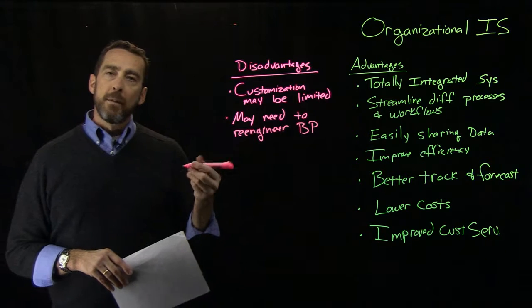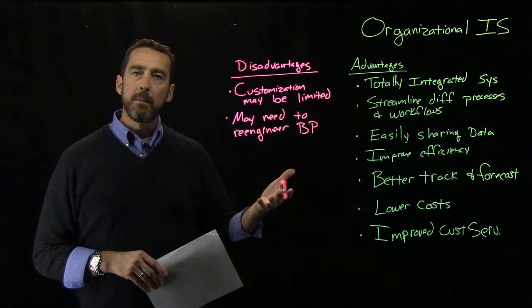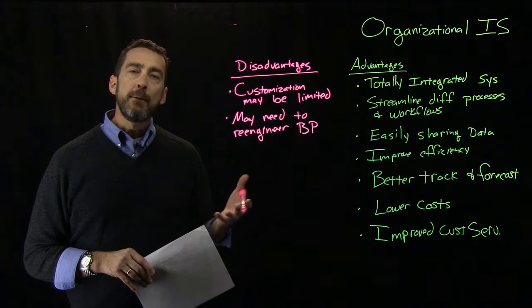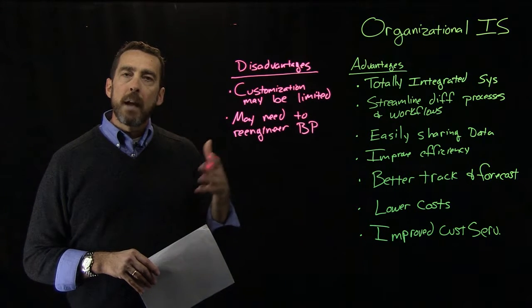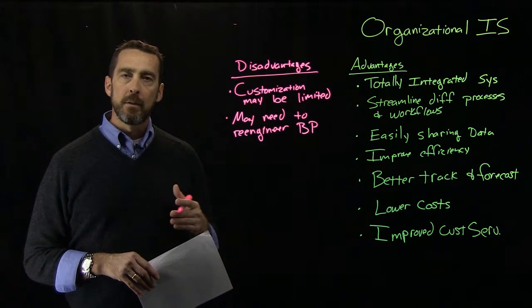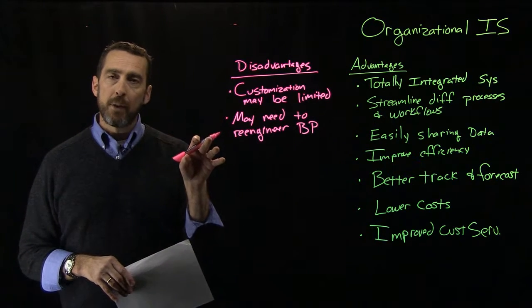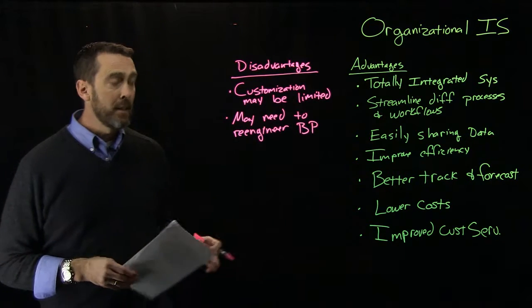It may be that how you're conducting business is actually not the most efficient. And so if you then adopt an ERP system, you may be forced to actually change the way you do business. Now that could be a good thing because then you're streamlining it, but you also have to consider the upfront costs of the organizational change. So that's a disadvantage.